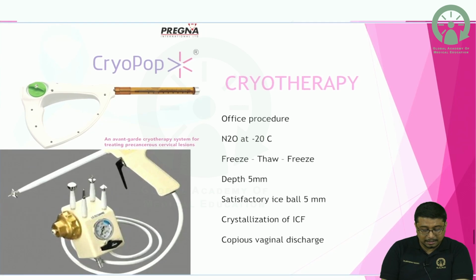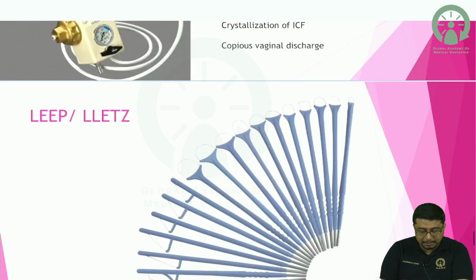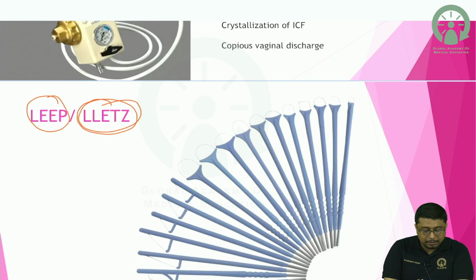So this is the cryotherapy. This is the cryotherapy probe. We use minus 20 degree nitrous oxide, and depth reached is about 5 millimeter. This is loop electrosurgical excision procedure, or electrosurgical excision of the transformation zone.